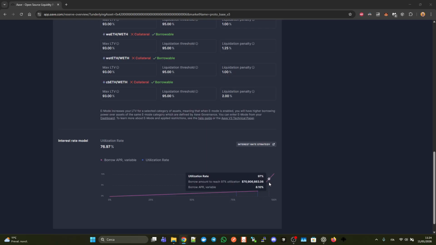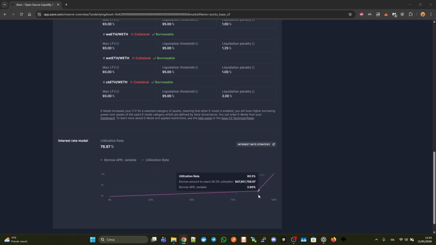So the borrow interest, the borrow APR, increases really fast. If you want to use this protocol to borrow money, you should stay, of course, at a utilization rate that is below 90%, so you have to pay a lower APR.